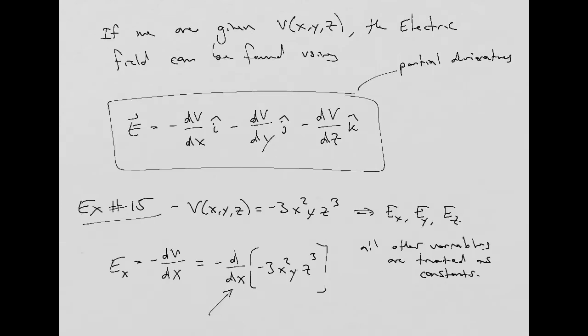So let's actually compute this derivative. We can pull out all of the constants. You have Ex is, the minus signs will cancel, and you just have a 3. The y and the z cubed can come out, and then you're taking the derivative with respect to x of x squared. That's it.